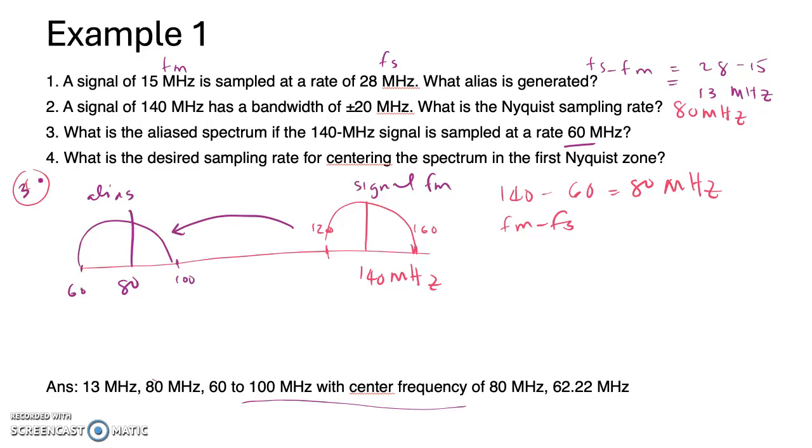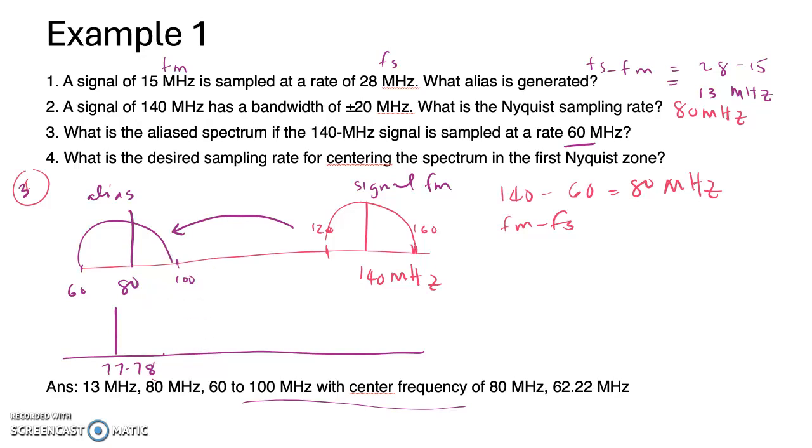This is number 3. Now we already did number 4. So how does this look if the sampling rate is 62.22? Previously, 140 was down converted by 60, and we have this new alias at 80. But if it is down converted by 62.22, this would give me a value of 140 minus 62.22, which means that my alias will be at 77.78.